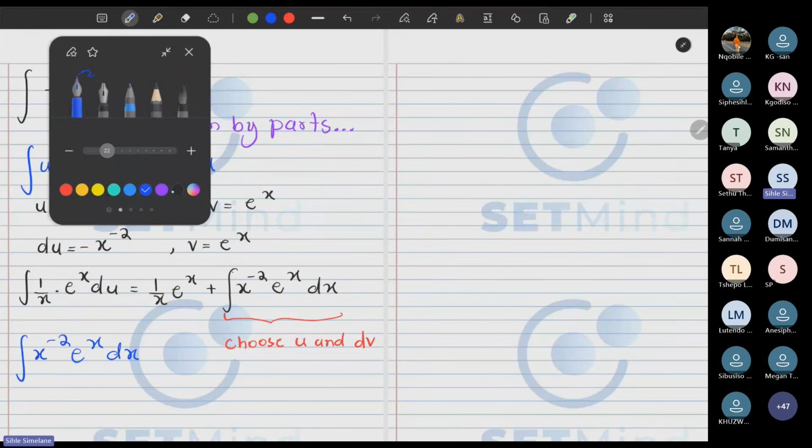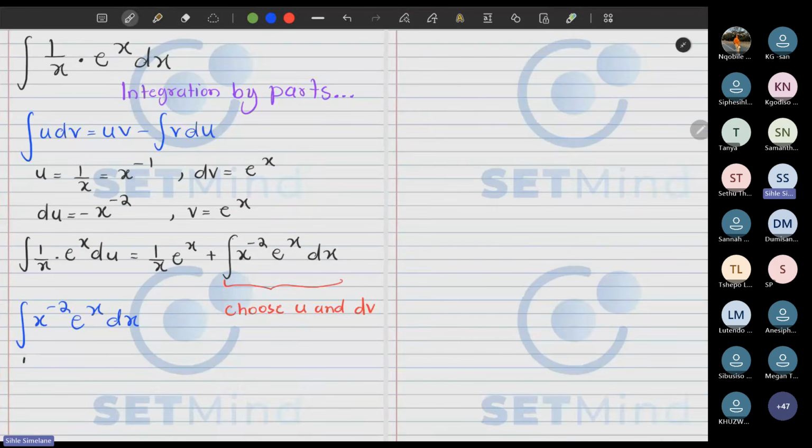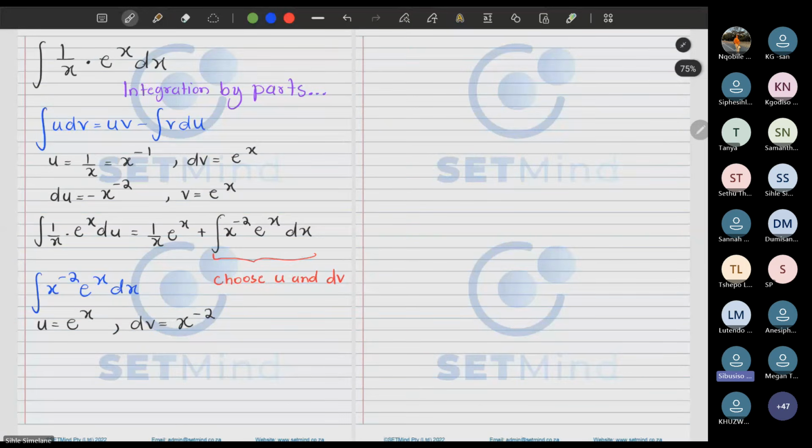Okay, so let's choose our u, guys, to be e to the x. And by the way, again, that is a smart choice. But I'm not sure if you understand why you are choosing these the way you are. You understand? Yeah, I do understand. Okay, please explain to the others why you are choosing these the way you are.